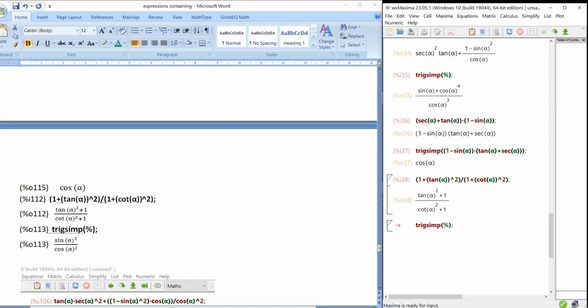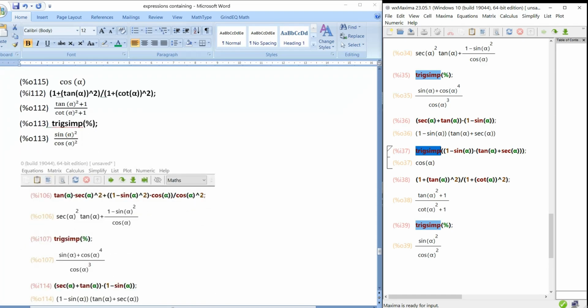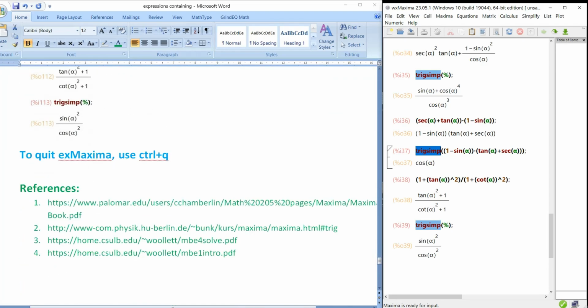Percent means the latest output, the most recent output we are dealing with. So this is the final answer. Sin alpha square upon cos alpha square. This will become tan alpha square, but trigsimp command leaves the answers in the form of sin and cos. Okay.